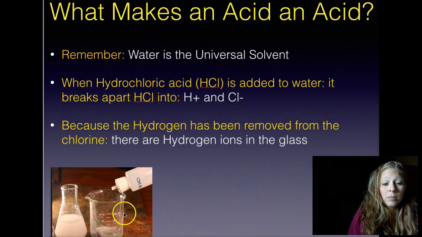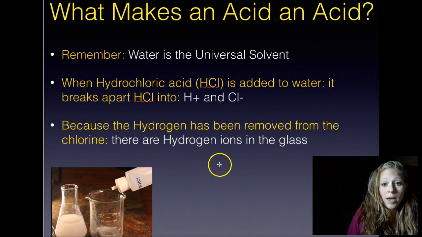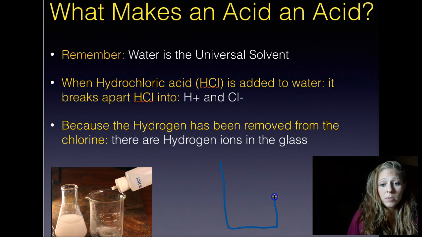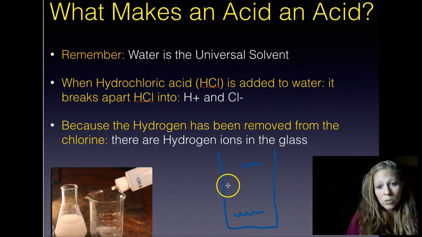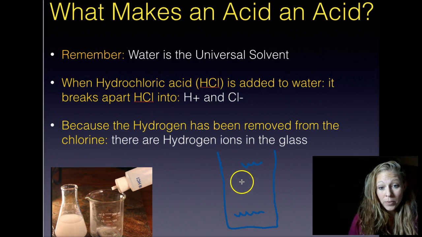What does this look like on a molecular level? Well, let's draw this out. We have a glass here. Make this a big glass. And so we have water. Let's make this denote H2O, which is a polar molecule, which is going to break the HCl down into H plus and Cl minus, its most basic parts.